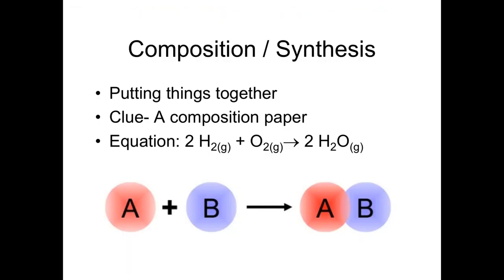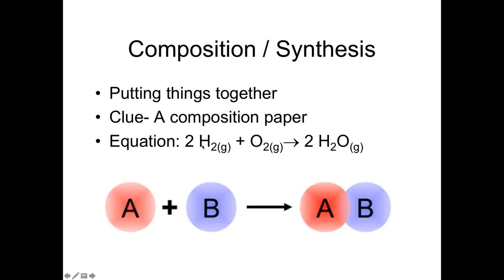So here we have composition and synthesis. And the big clue to that is you're putting things together. And a clue for that would be like an English composition paper. And when you write a composition paper, you're doing research and kind of bringing in a bunch of different themes or ideas, and you're formulating like one product from that.